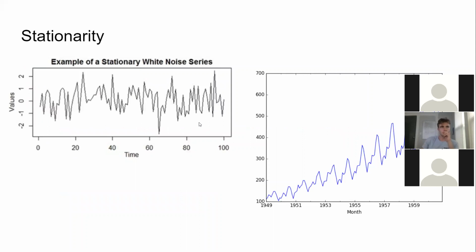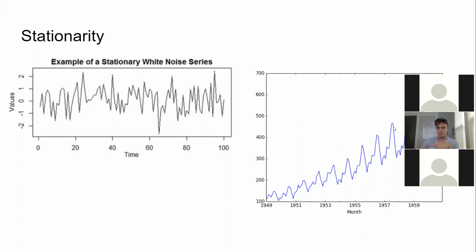Okay, so the first thing I want to go over is what stationarity is. A stationary series is basically a series that has constant mean, which is the average, and constant variance over time. And variance is how much it varies. So this is relatively stationary. It's not a perfect stationary series, but it is quite stationary. This is an example of a non-stationary series.